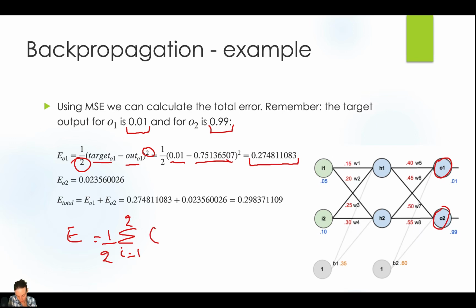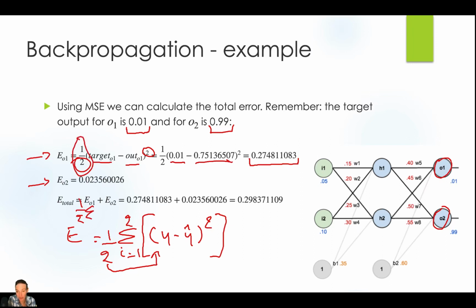It would mean y minus y hat squared. But we sort of already put the 1/2 inside the term. So this would be what we're calculating at each part here and here. Then we just need to add them up. So the 1/2 and the sum were already included here. Okay, just to make that clear.